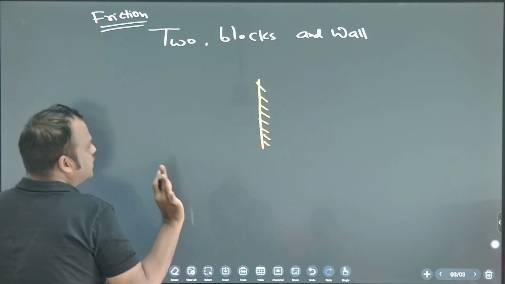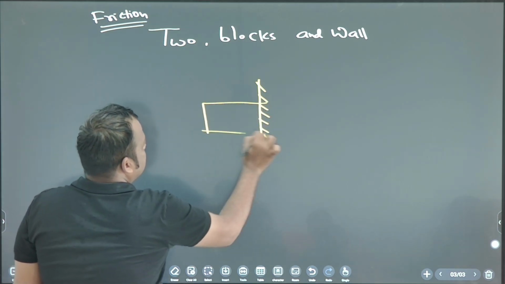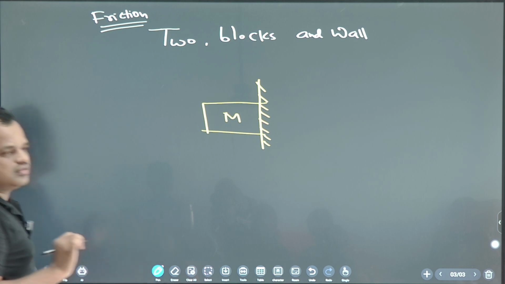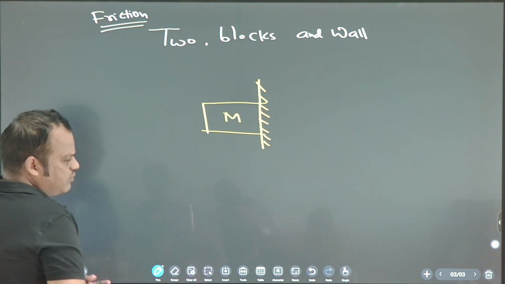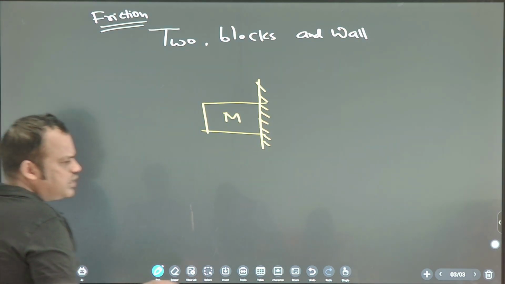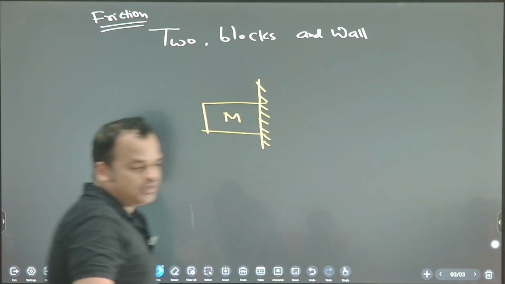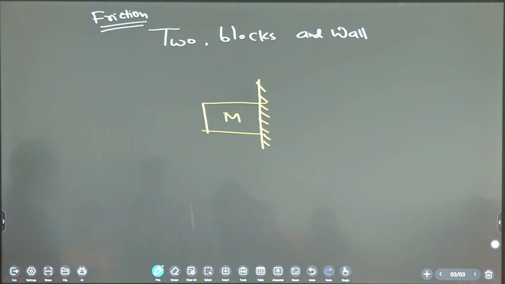One block we have discussed. I am revising one block. Suppose this is one block. Like for example, a box, a register, any register, no problem.